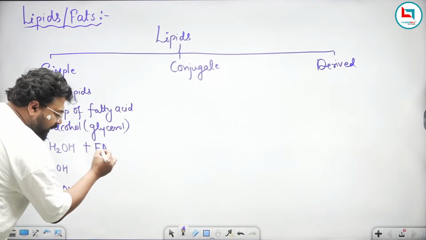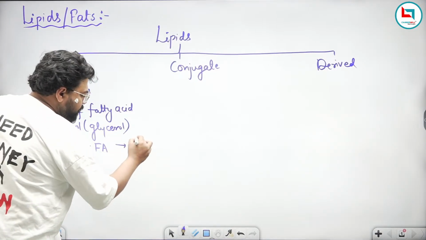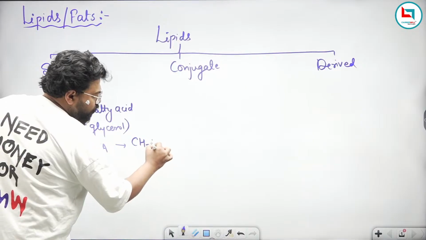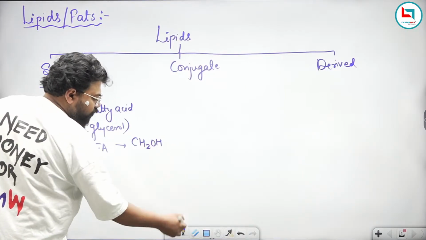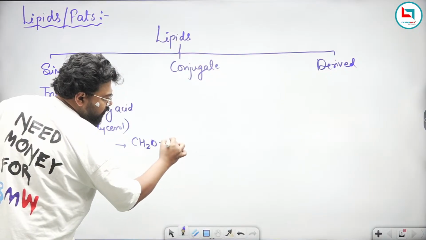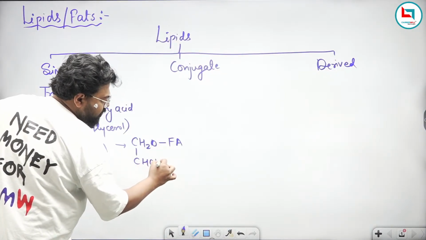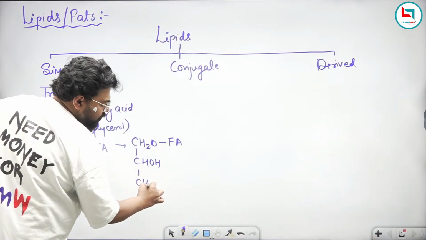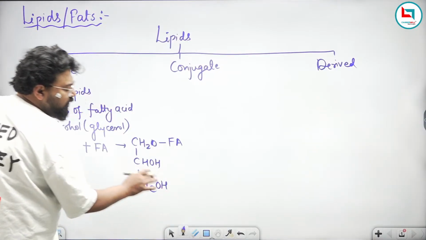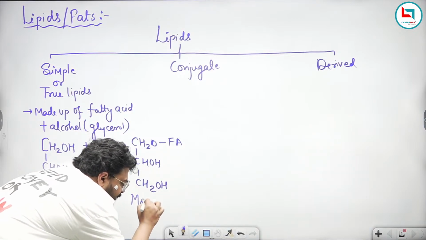So if one fatty acid reacts with this alcohol, this will form CH2OH, CHOH, CH2O-fatty acid. This is known as monoglyceride.